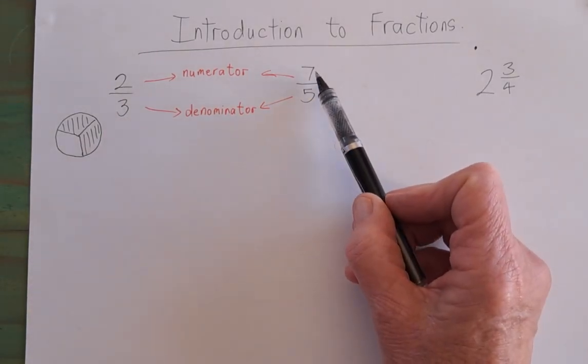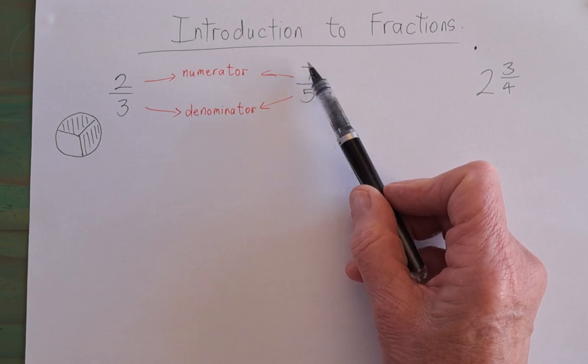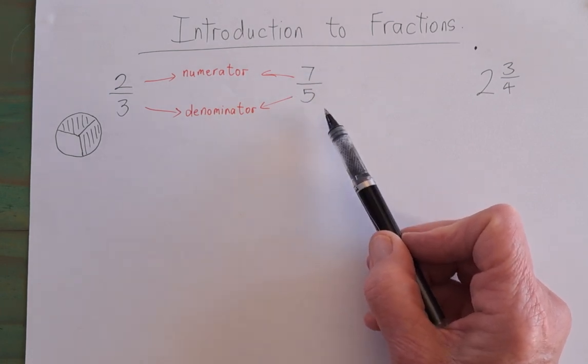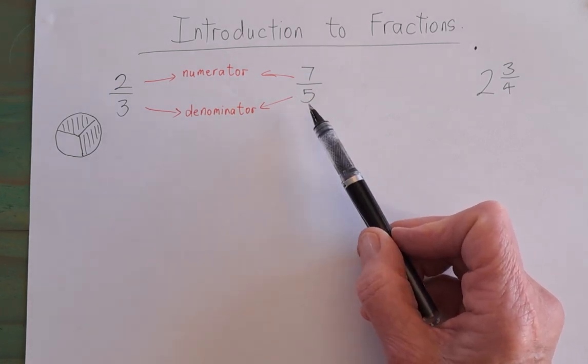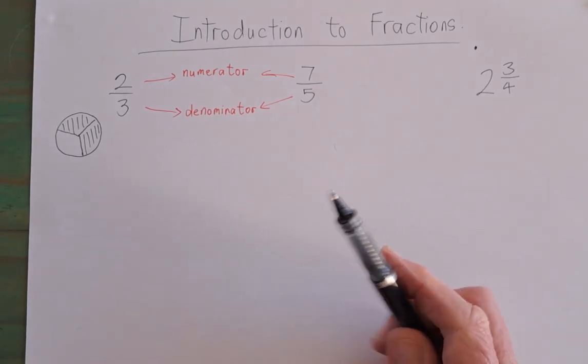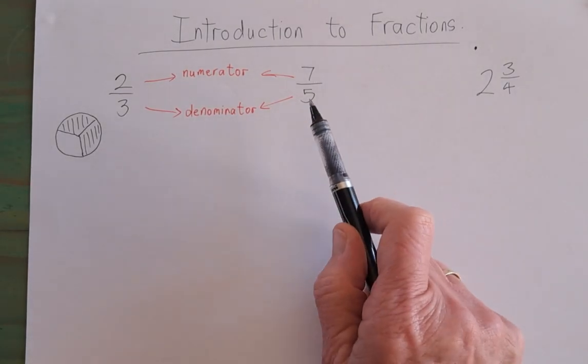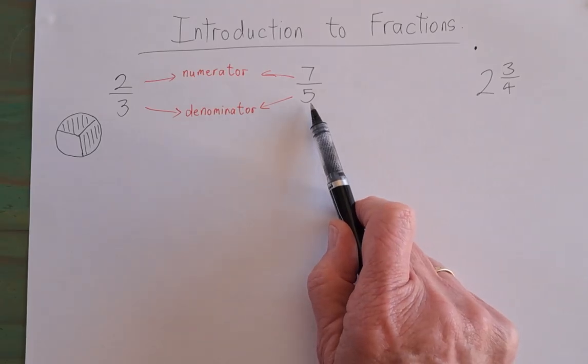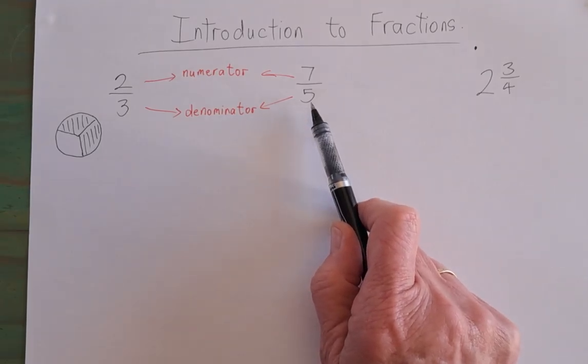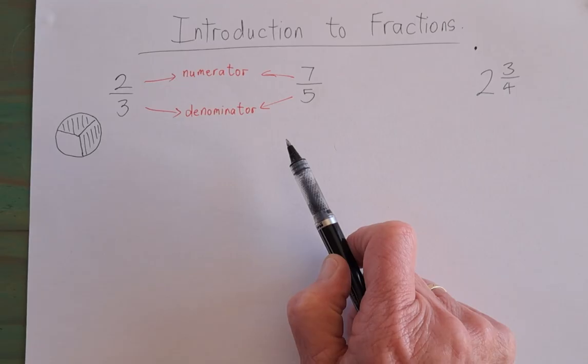However, when the numerator is larger, it represents something that is greater than a whole. So imagine I was in a pizza eating competition and I had quite a few pizzas put down in front of me. This number here in the denominator would tell me how many slices each pizza was cut into.